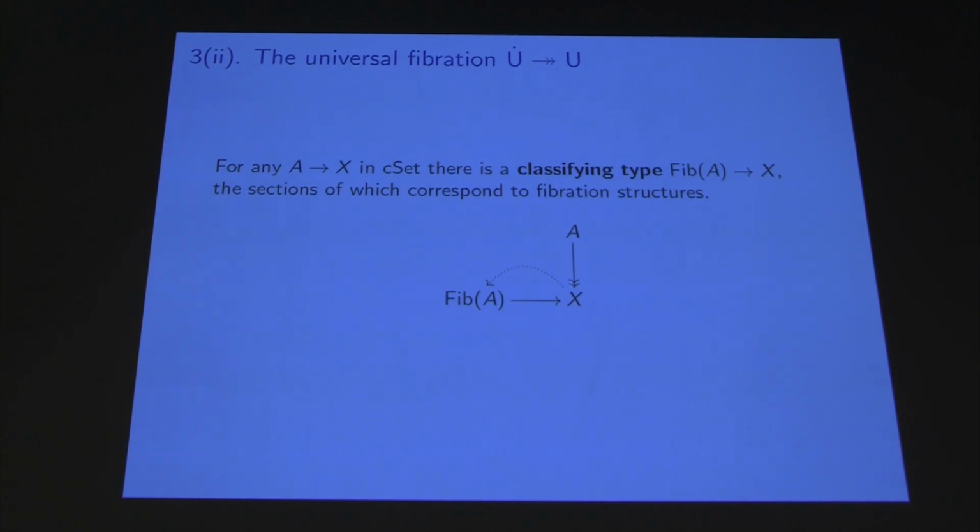For every map, there's a classifying type of fibration structures on that map, and the sections of which are in bijection with fibration structures on the map. So even if this thing is not a fibration, there is this type of fibration structures, it just won't have any sections. And for every section, there's a fibration structure on this map.